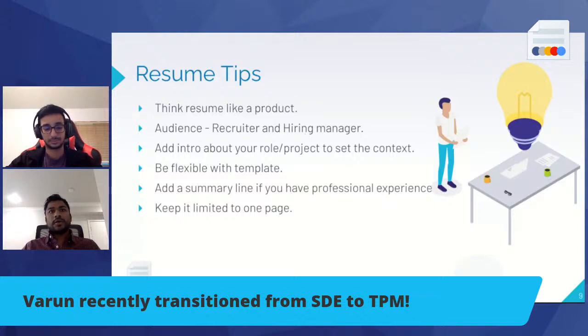Now I need to make sure I have content that can connect to the recruiter and hiring manager at the same time. So it has to be at a high level for the recruiter to understand what you're trying to do, and it also has to include technical details and deep dive, so that the hiring manager can prefer me over other candidates. That is the mindset I usually have while updating or writing my resume.